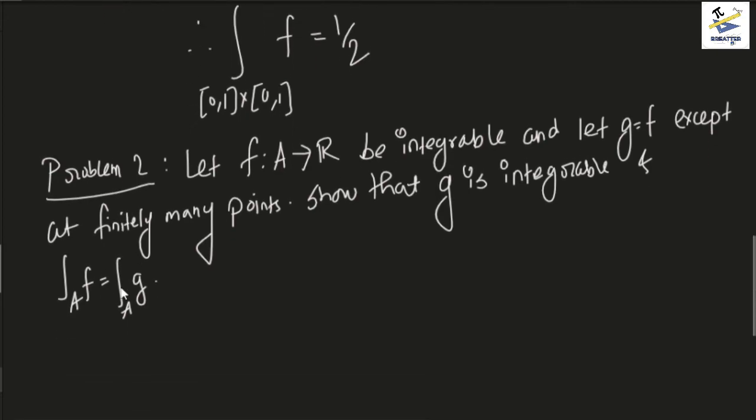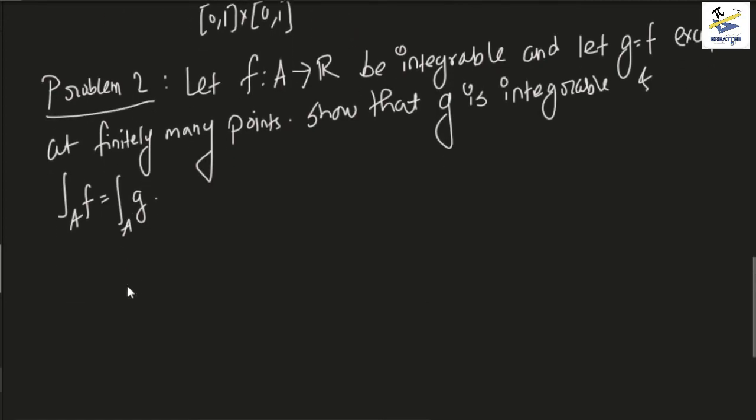So the goal of this problem is to let you know that if one function is integrable and there is another function which is equal to this function except at finitely many points, then the integrals of those two functions are basically equal, and that's what it means to show this problem.